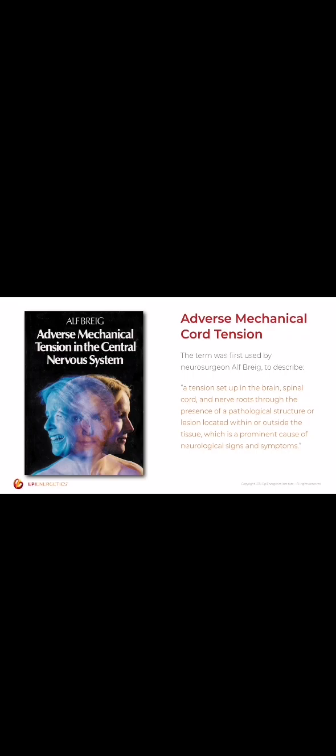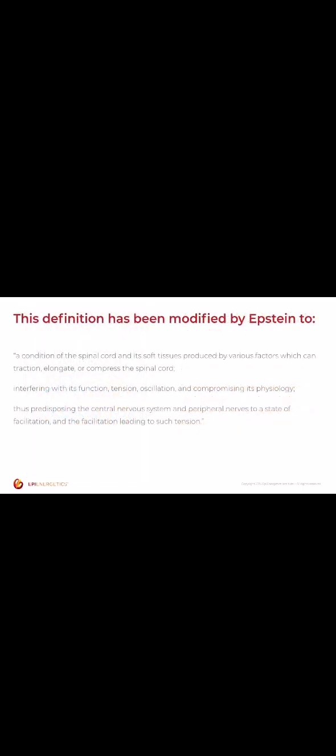Facilitated subluxation still goes back to the concept of the fourth dimension of time because the system is still facilitated from an event that may have happened a long time ago, where the stressor is no longer needed to be there. So this is what Alf Breig said about adverse mechanical cord tension. It is, quote, a tension set up in the brain, spinal cord, and nerve roots through the presence of a pathological structure or lesion located within or outside the tissue, which is a predominant cause of neurological signs and symptoms.